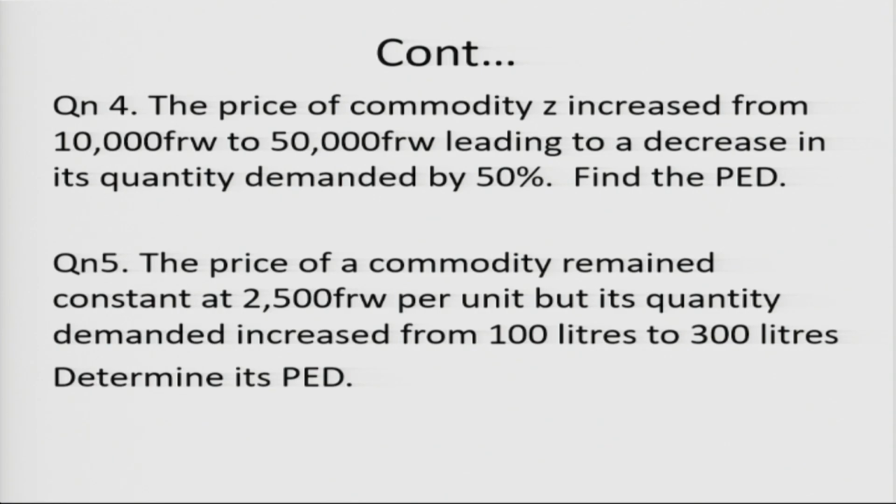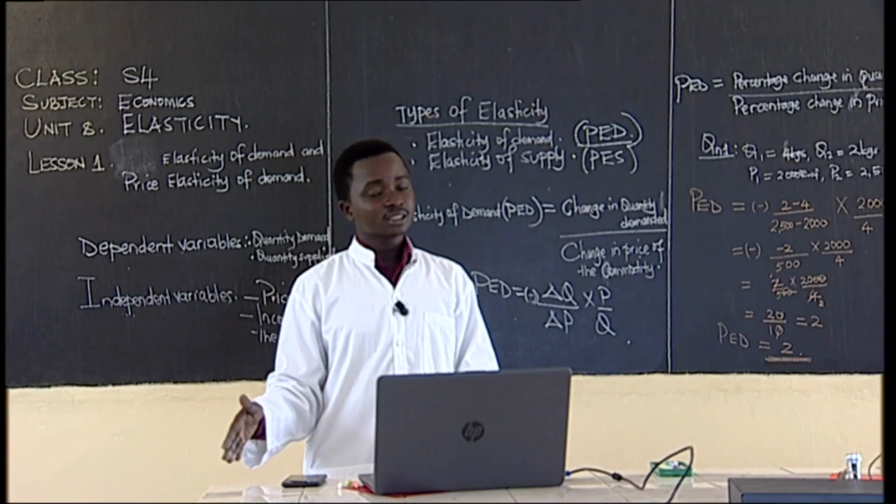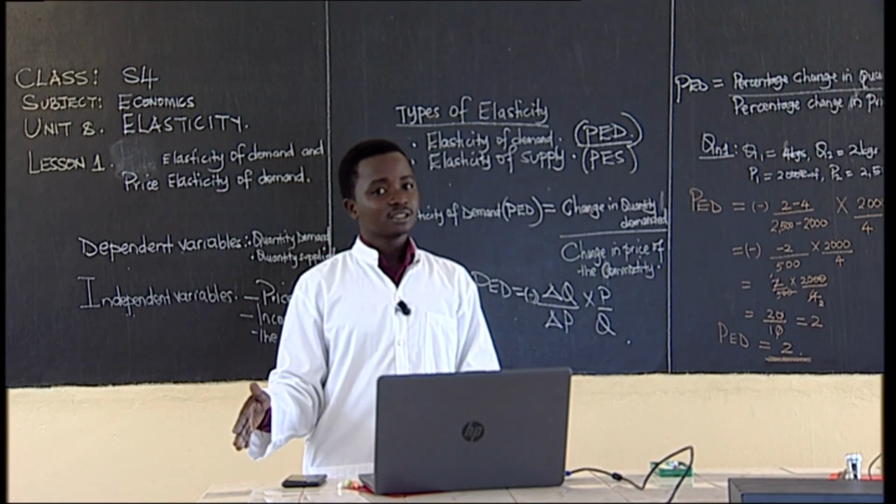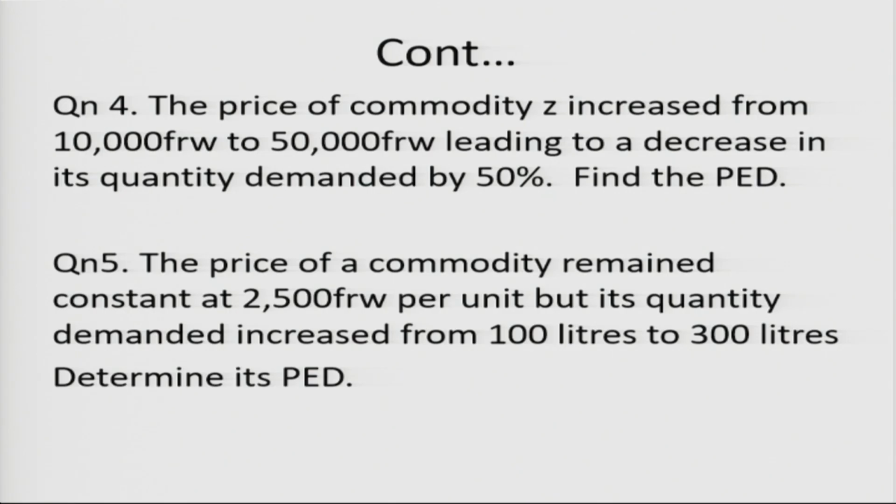Some people call it infinite elasticity. Price did not change, but quantity demanded here changed. So I want you to work out those 3 questions, question 3, question 4, and this question 5.